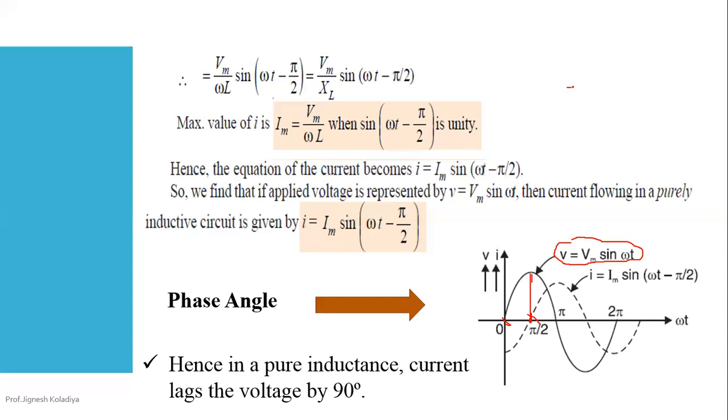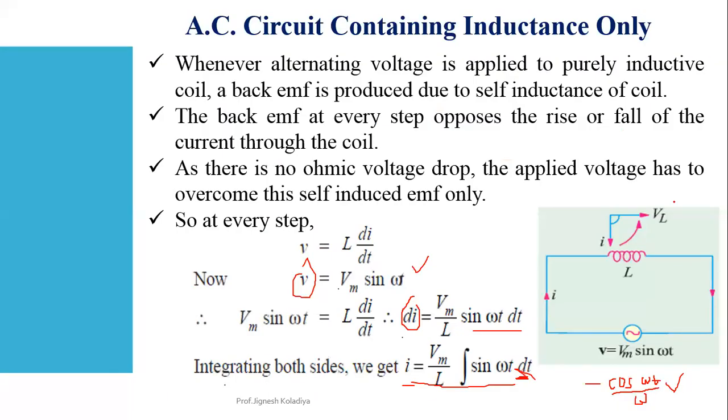If voltage is the reference, then current is lagging by 90 degree. This is my Vm, and this is Im. The angle is 90, and it is lagging. If you rotate it in anti-clockwise direction, you can come to know. So this is the vector diagram. The same thing you can see over here.